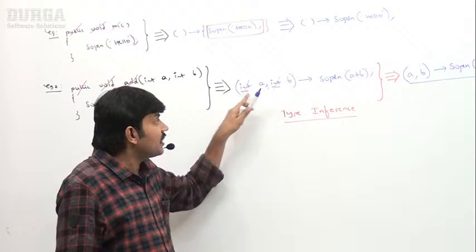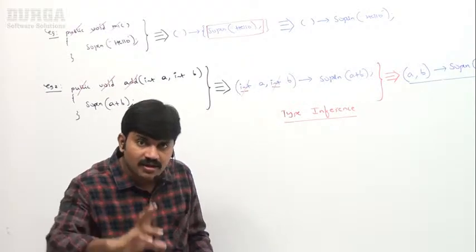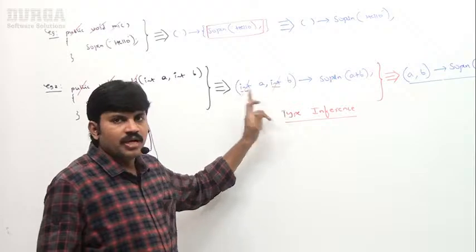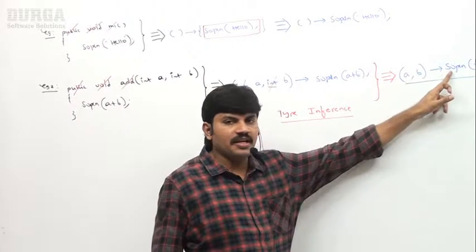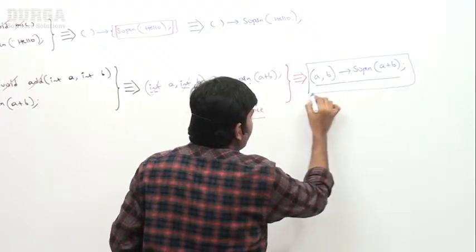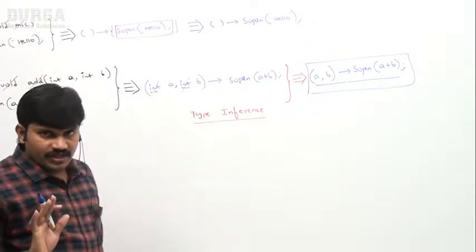Then we can remove the types also. After removing the types, observe how this lambda expression looks. Everyone can understand, right?